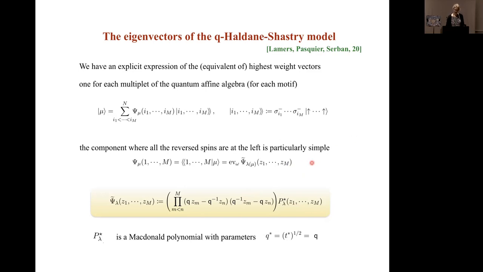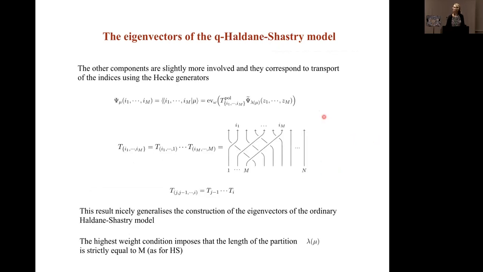The proof is very complicated. I will not bother you with this. Just to mention that the other components, arbitrary components of the wave function, where the i's are transported somewhere else, are just given by symmetry.